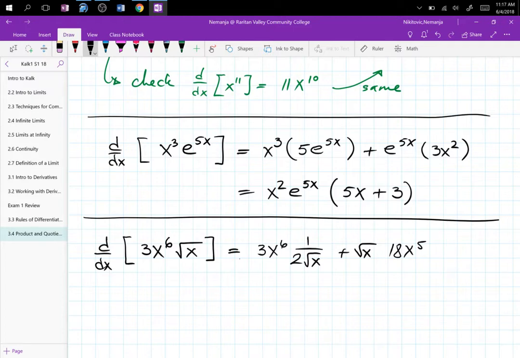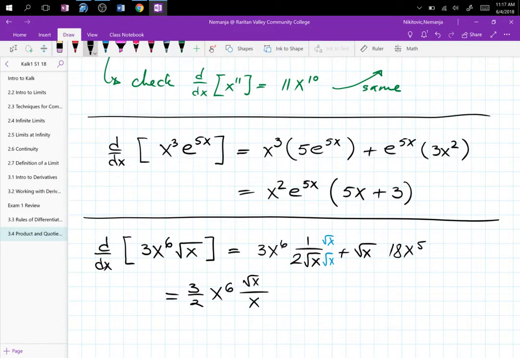Now what, right? So first I'm going to rationalize the first by multiplying top and bottom by root x so that I can combine them into a single, right? So I have 3/2 x to the 6 root x divided by x.